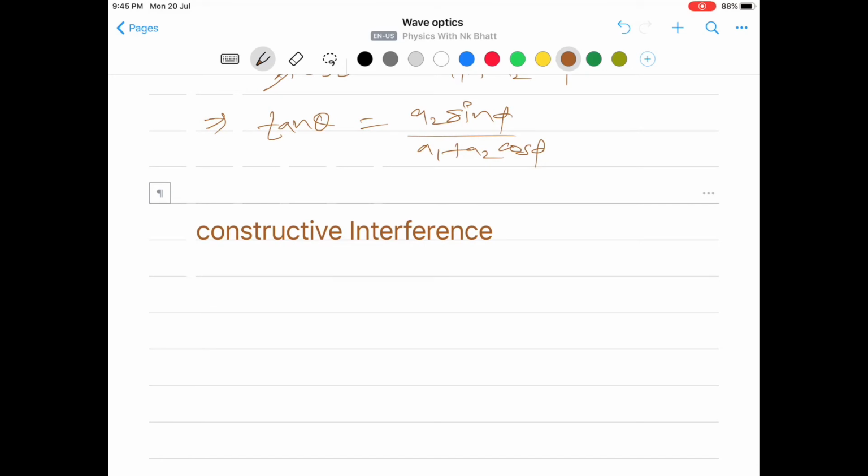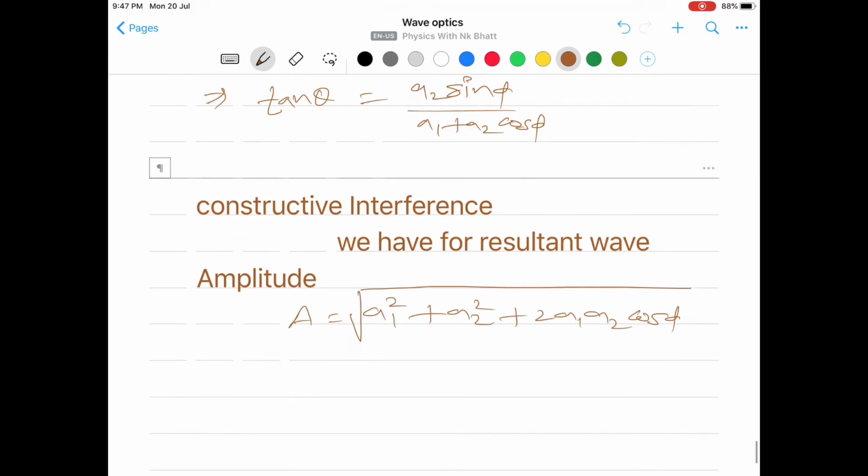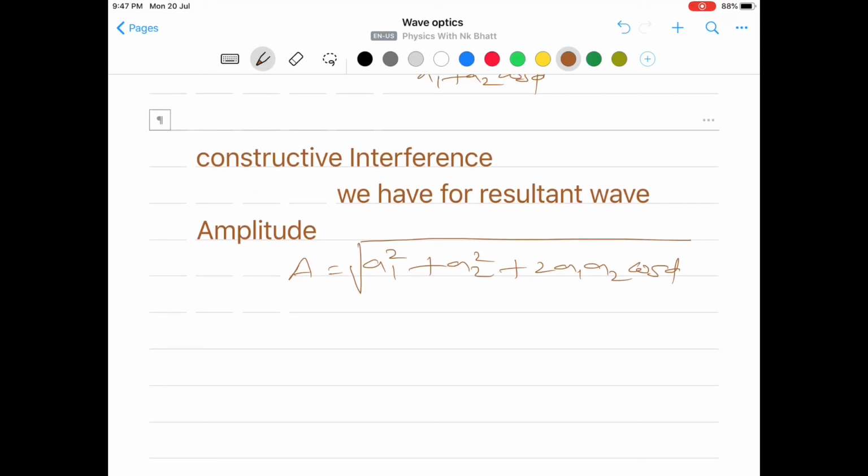To understand this, we have for resultant wave amplitude A is equal to under root A1 square plus A2 square plus 2A1 A2 cos phi.